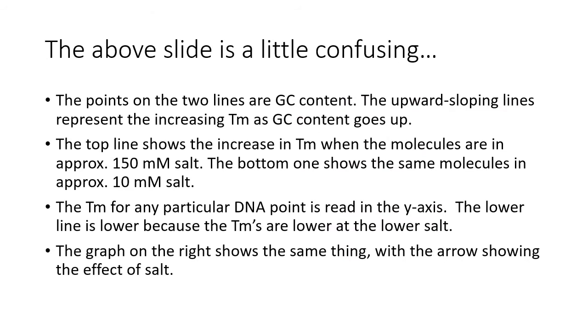Now, GC content obviously also still comes into play, and it will come into play with hybridization as well. The GC base pair being stronger, the melting temperature will increase as the GC content goes up.